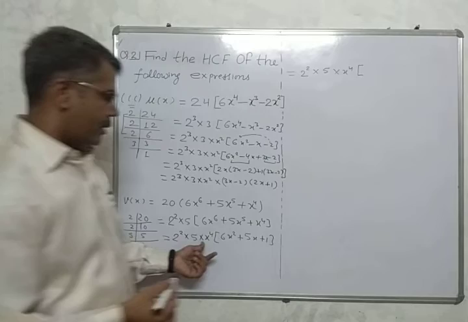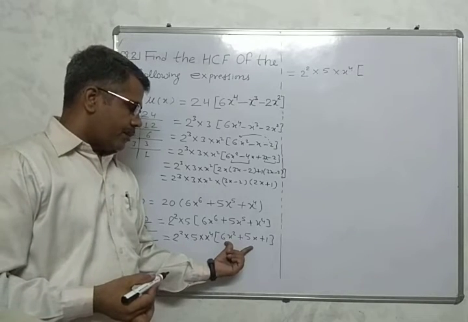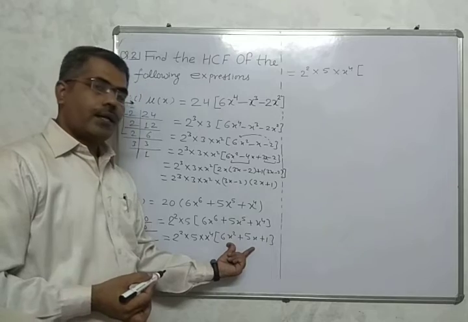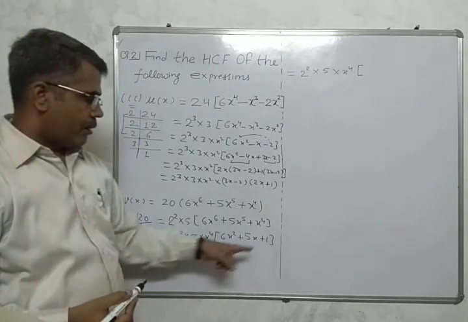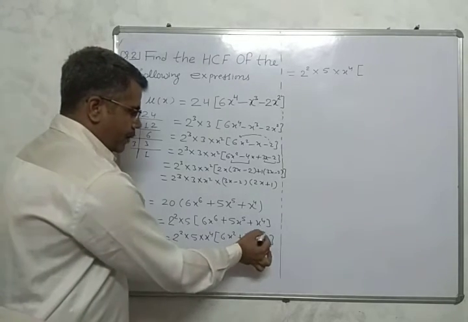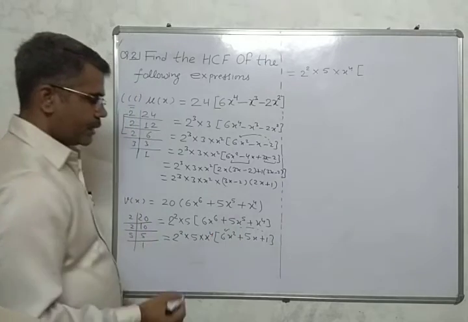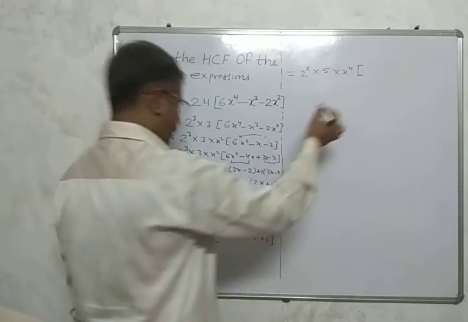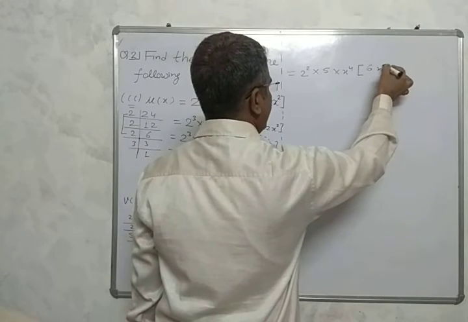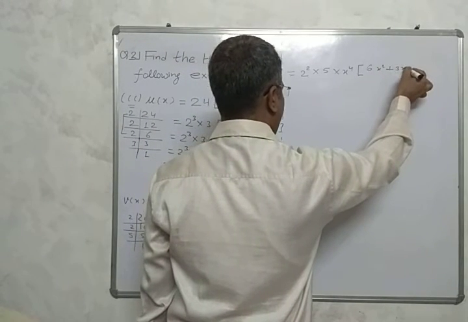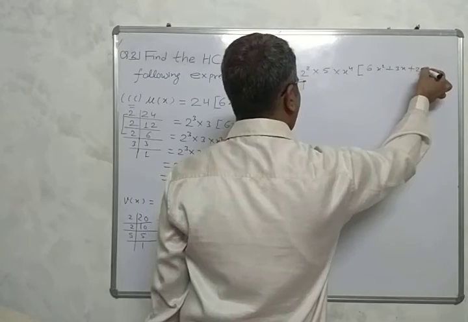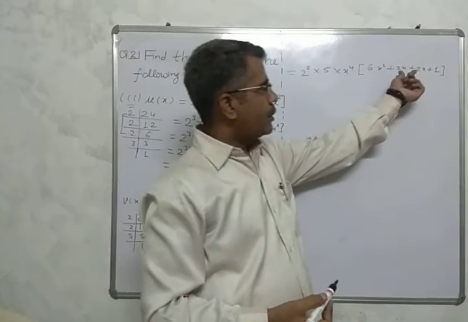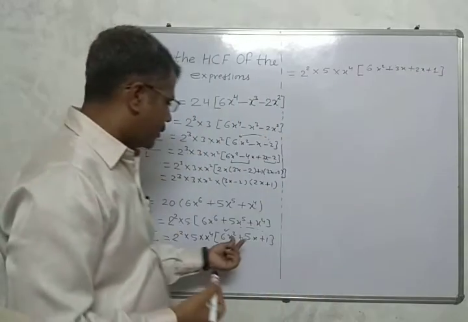And here we use the middle term splitting method for this algebraic expression. We multiply 1 into 6. We split this 5x in the form of 6x square as it is, 3x plus 2x plus 1. If we add 3x plus 2x, we get 5x.